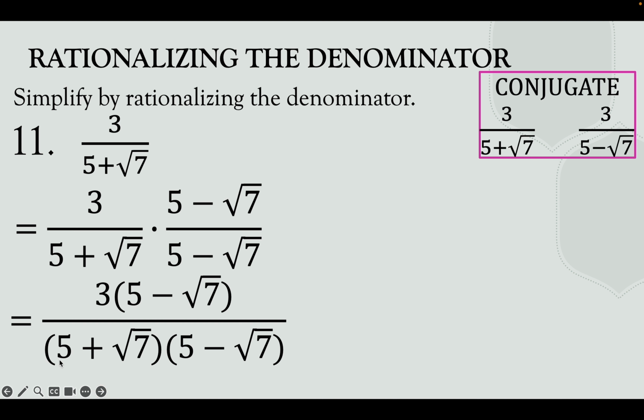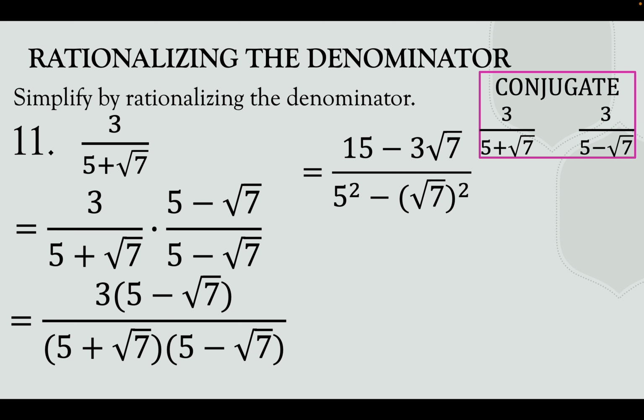And since we have here binomials with different signs, we can use 5 squared minus square root of 7 squared. So we have here 15 minus 3 square root of 7 over 5 squared minus square root of 7 squared, by the theorem of binomials, class.